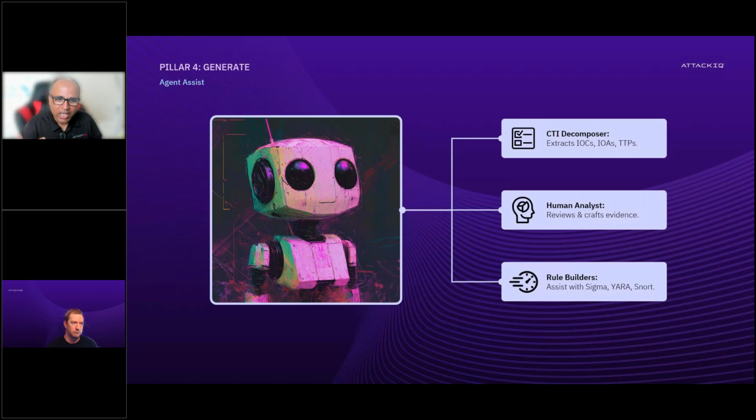And then they may use this test evidence, at the lower or higher level of the pyramid of pain, with rule builder agents to create rules that may be signature type rules, for example YARA rules or Snort rules, or maybe behavior type rules, for example Sigma rules or KQL rules or Splunk SPL, right?